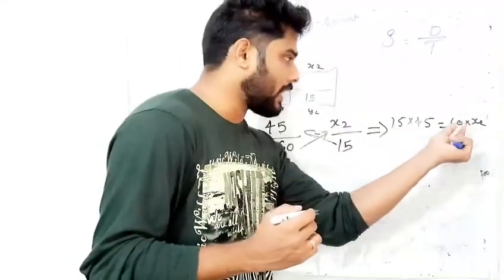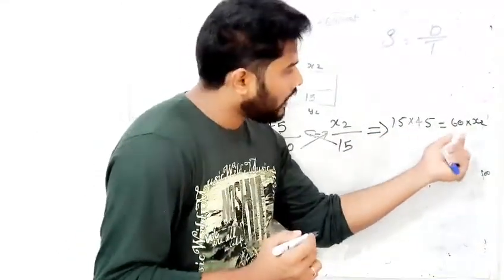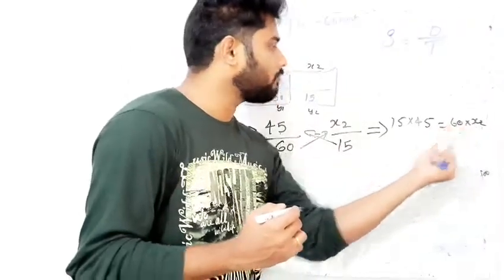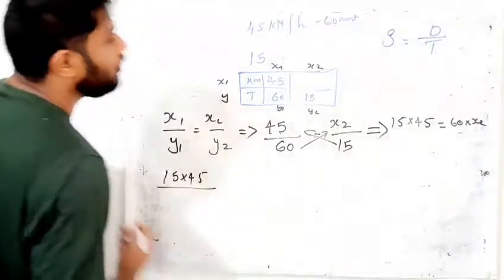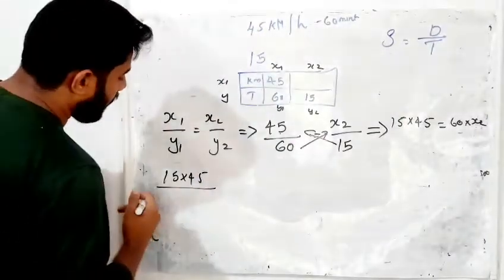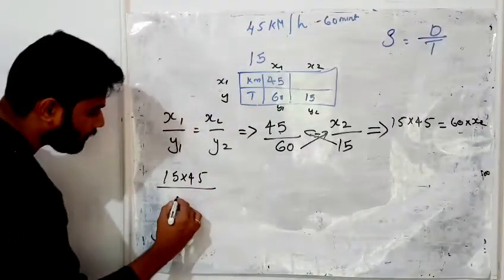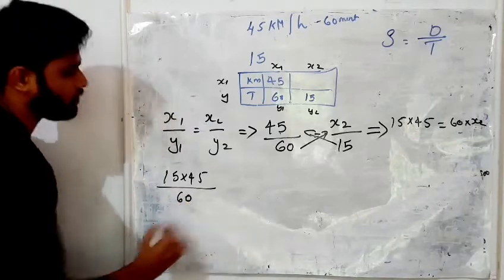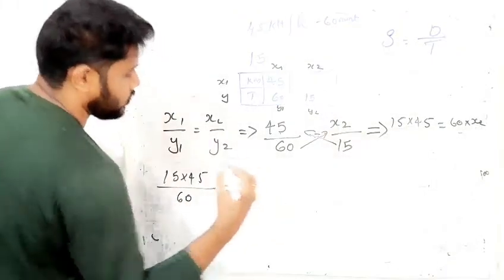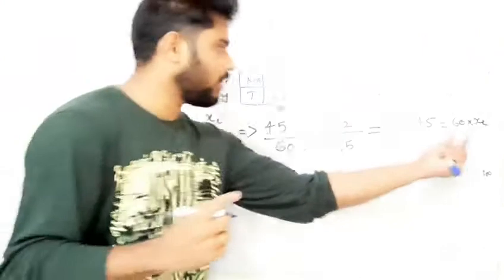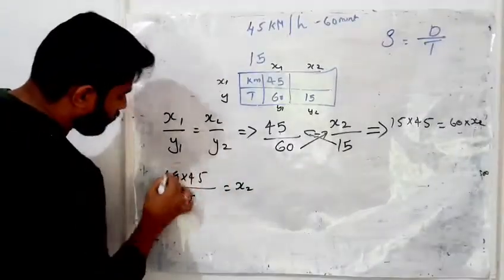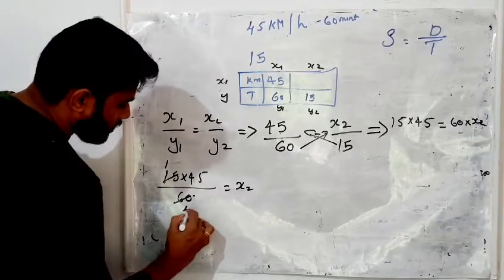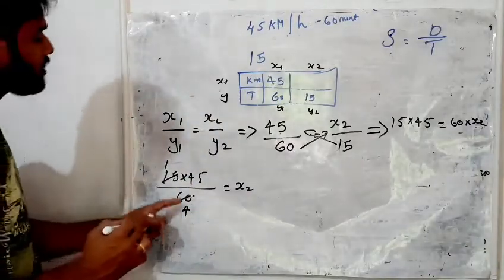Now 15 into 45 on the left hand side, I am writing like that. This is the left hand side, this is the right hand side. From the right hand side, the 60 will come to the left hand side and it will become divide by 60, which is equal to the remaining x2. Then we can cut: 1 15 is 15, 4 15s are 60.